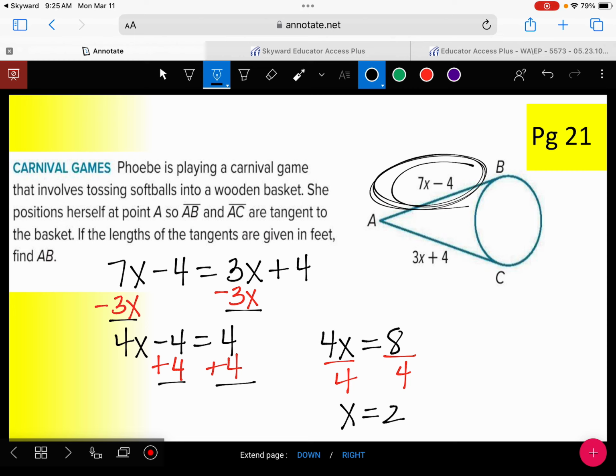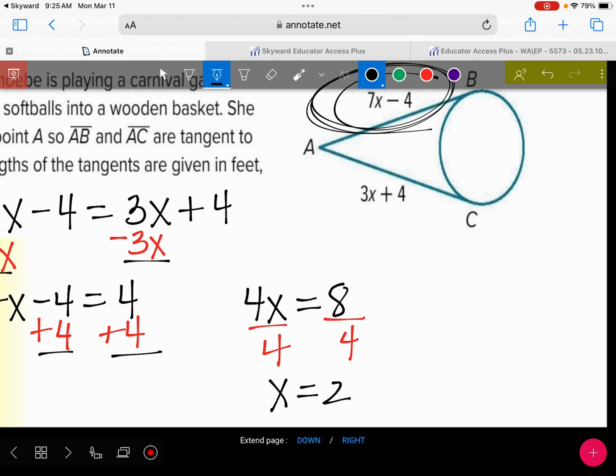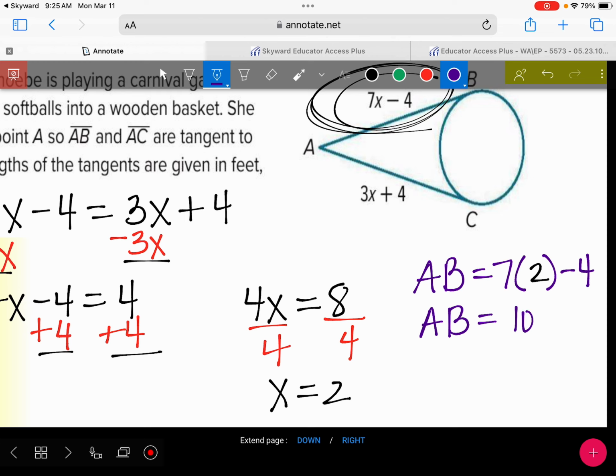And after you find X, make sure you substitute it back into segment AB. So your final answer should be 10 feet.